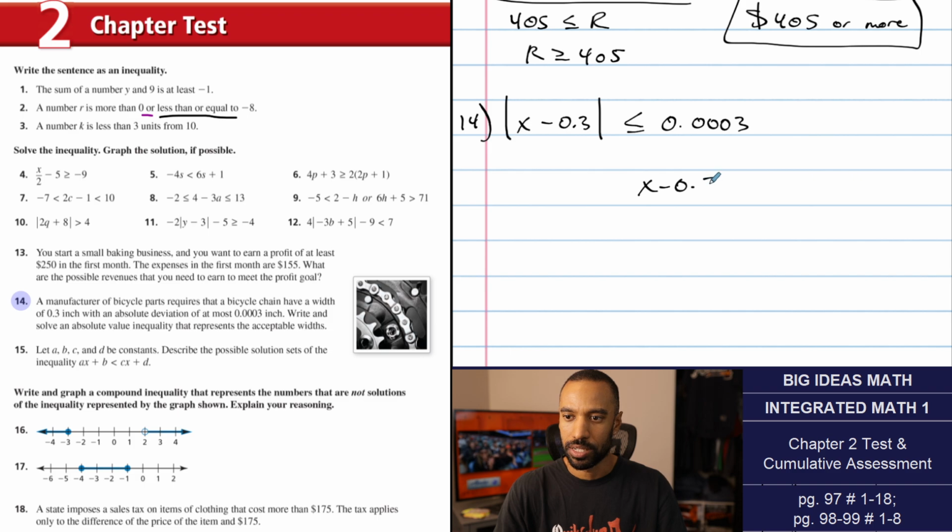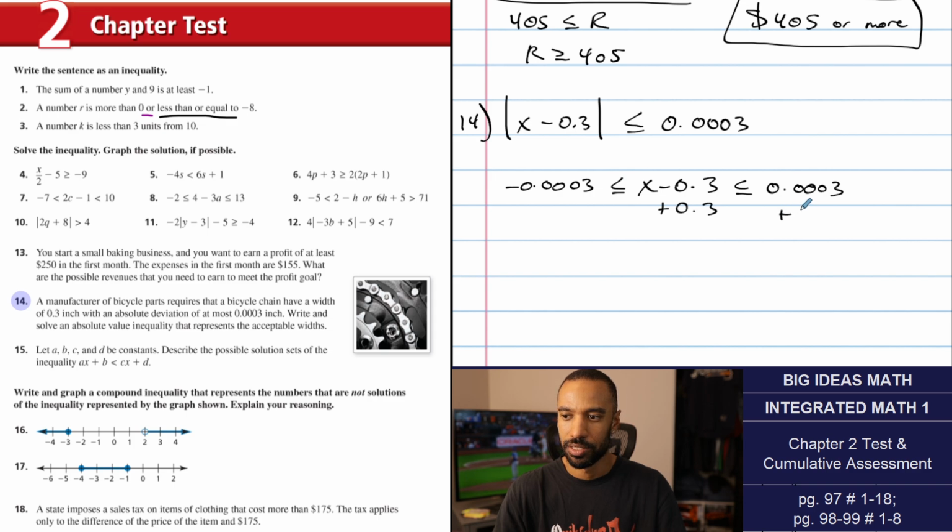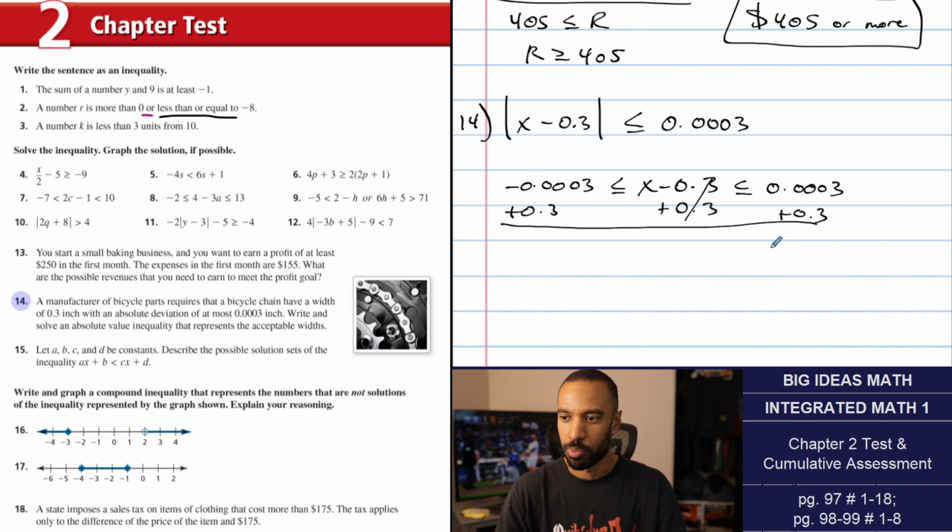X minus 0.3 needs to be between the positive version and negative version of this number. Now when we add this to all sides, again, I like to think of this more as 0.3 minus this and 0.3 plus this. So 0.3 plus this is pretty easy to do. That's 0.3003.